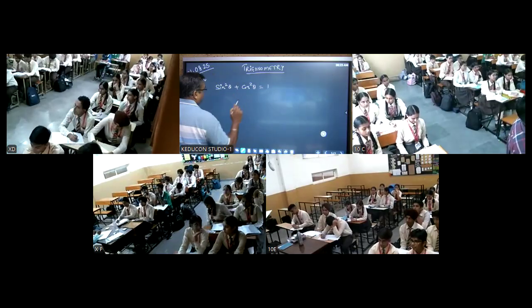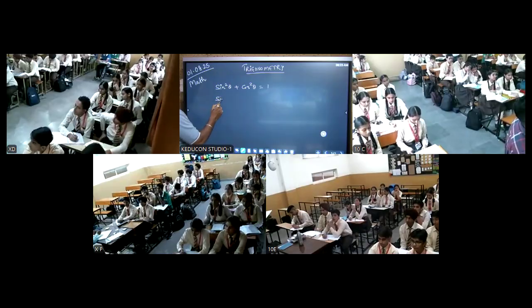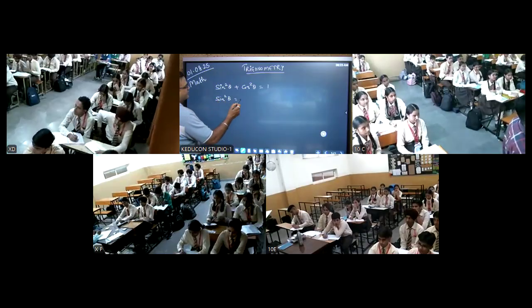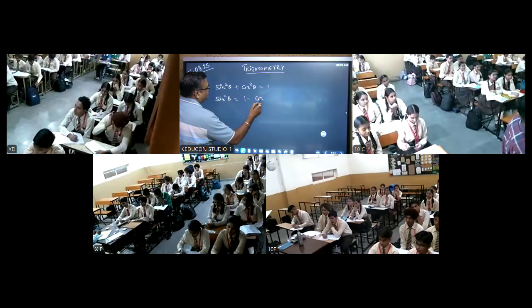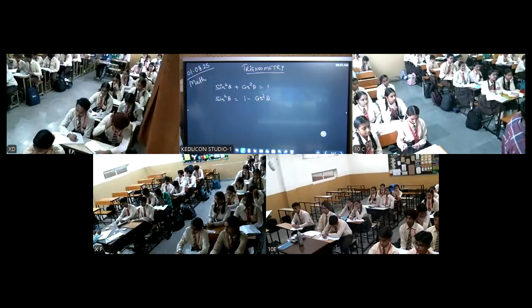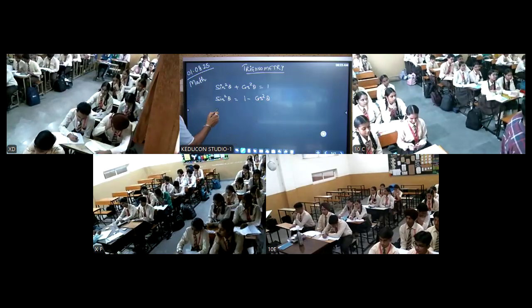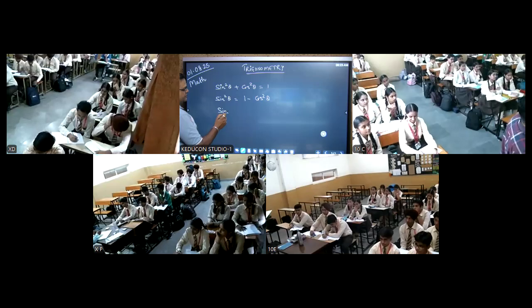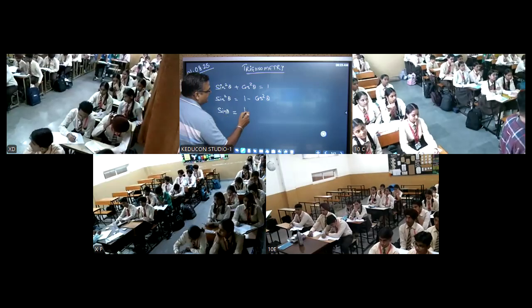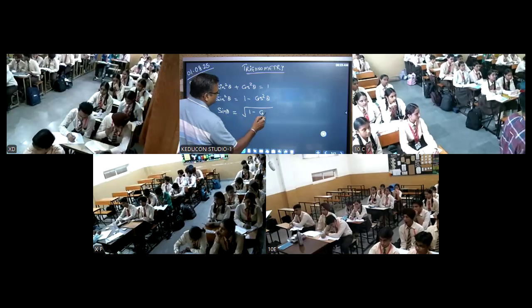One is the standard form. Another is if you have to find sin square theta, it is equal to 1 minus cos square theta, right? Another way is if you have to find sin theta from this identity, you can take its square root.